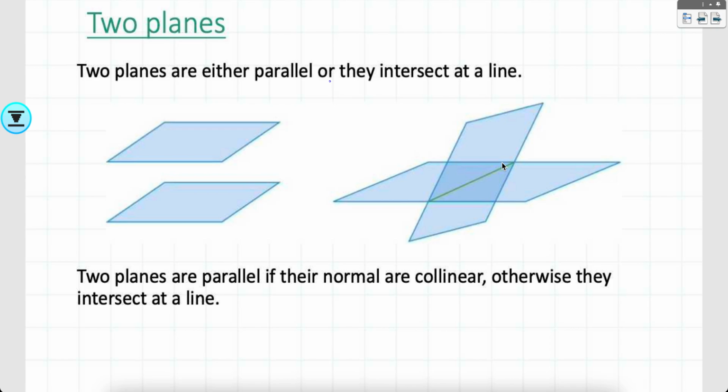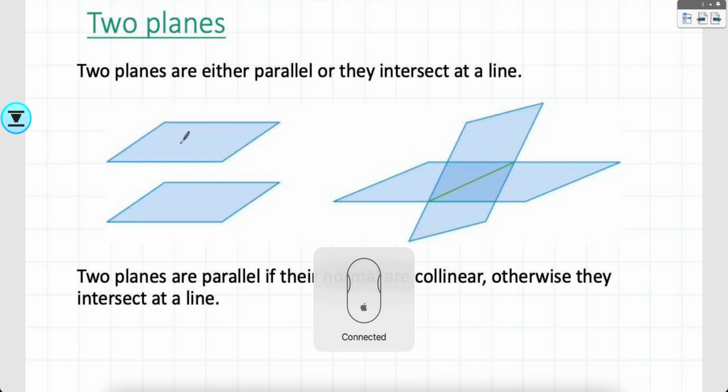So just like the idea of lines intersecting at a point, two planes will intersect at a line, not at a point. If two planes are parallel, their normals are collinear. Otherwise, they intersect at a line. So it's much easier to check for parallel first, and then look at whether they intersect at a line.